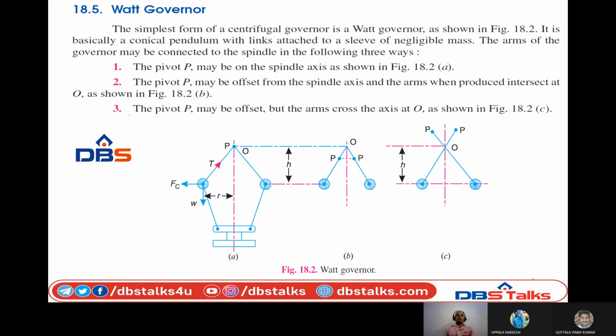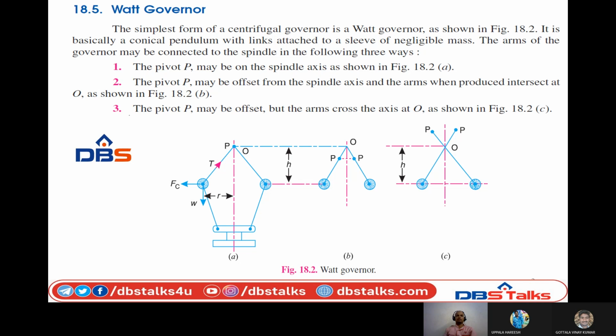It is a very basic conical pendulum with links attached to the sleeve, neglecting the masses. In the previous Porter governor diagram, the links and the arms are very important. The red color indicates the sleeve, and this is the axis of the sleeve.